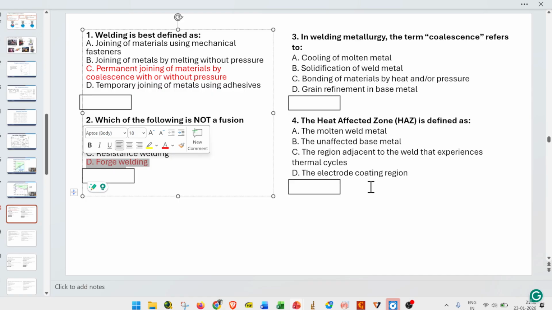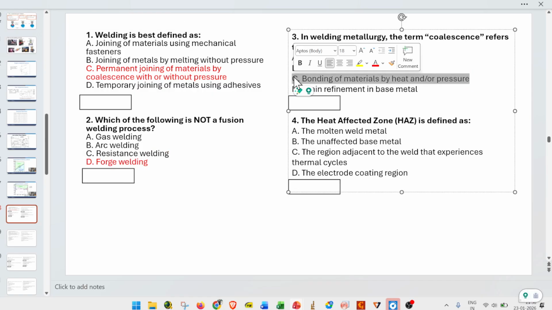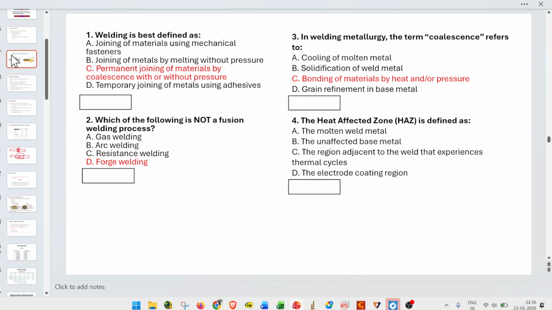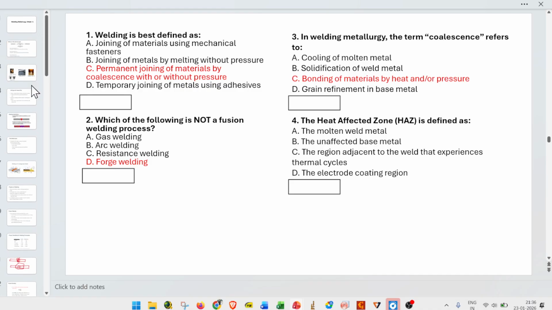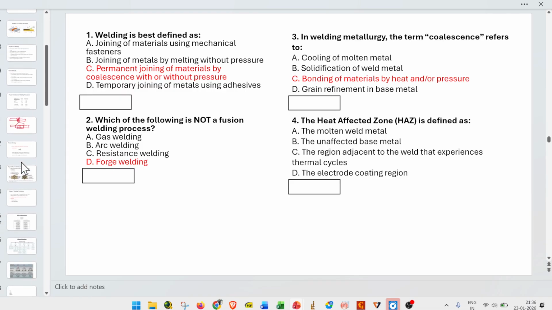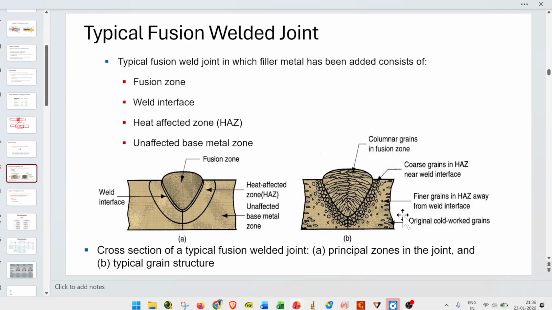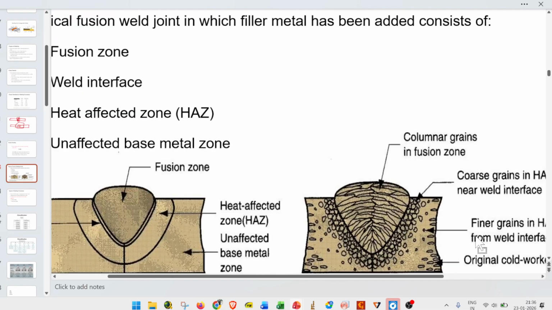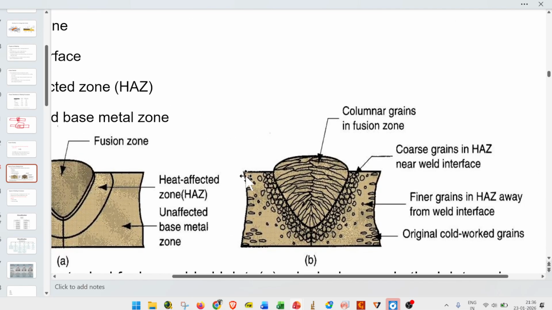Okay, the heat affected zone is defined as what? How can we define the heat affected zone? Previously we have seen, here is the base material, and here is the weld bead.